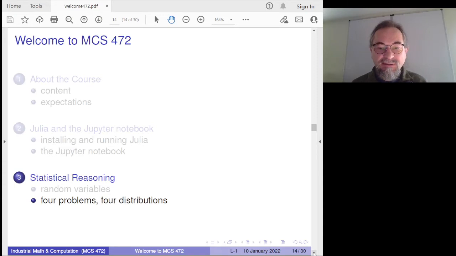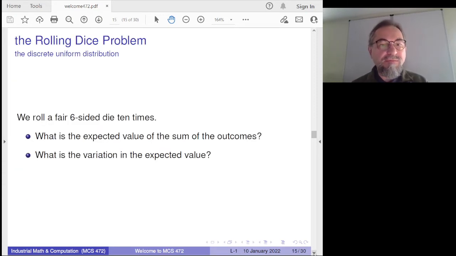So let's look at the outcome of a game. We are rolling a fair 6-sided die. 6 possible outcomes, 1, 2, 3, 4, 5, 6, all equally likely when we do one roll. What is the expected value of the sum? Suppose that we would be designing a game.